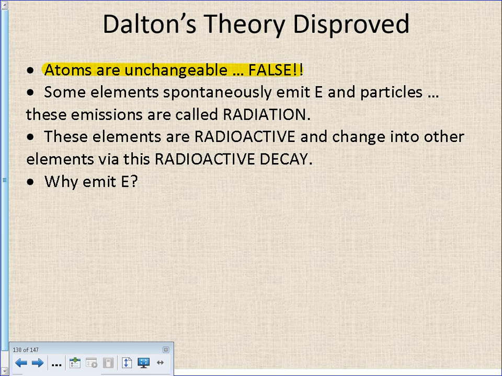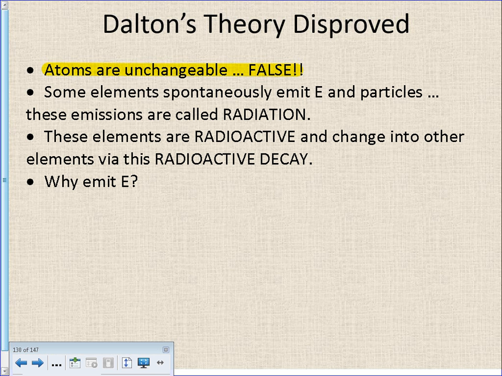So we know that Dalton said all atoms are conserved, and that was true. But he didn't really talk about the rearrangement all the time. He said that everything's the same, which is not true. One thing he said, which is false now, is that atoms are unchangeable. They are what they are always.